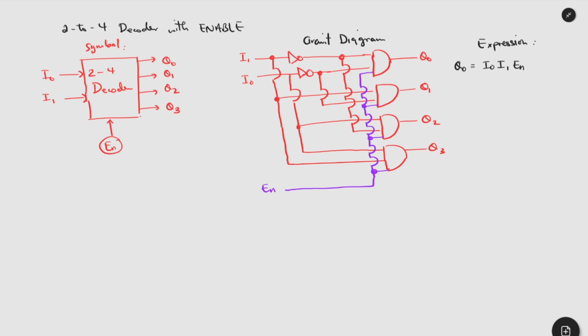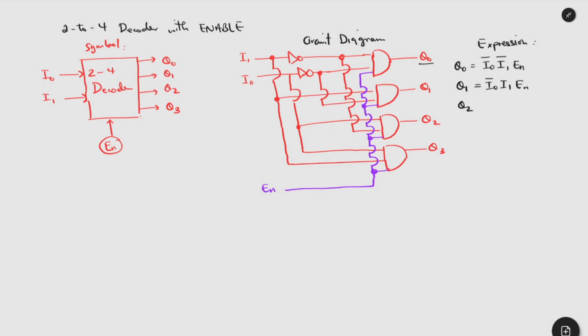And in order for Q0 to be 1, we have to have I0 bar, I1 bar and the enable. And similarly, for Q1, we should have I0 bar, I1 and the enable.